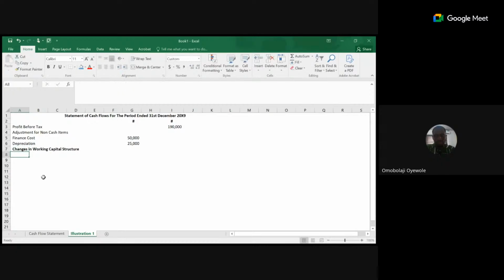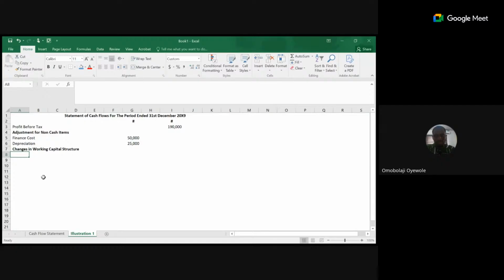Now, for our changes in working capital structure, the first thing we have, if you look at it, is trade receivable. So let's compare trade receivable of January 1st, 20x9, which is 233,000, and 31st December 20x9, which is 219,000.